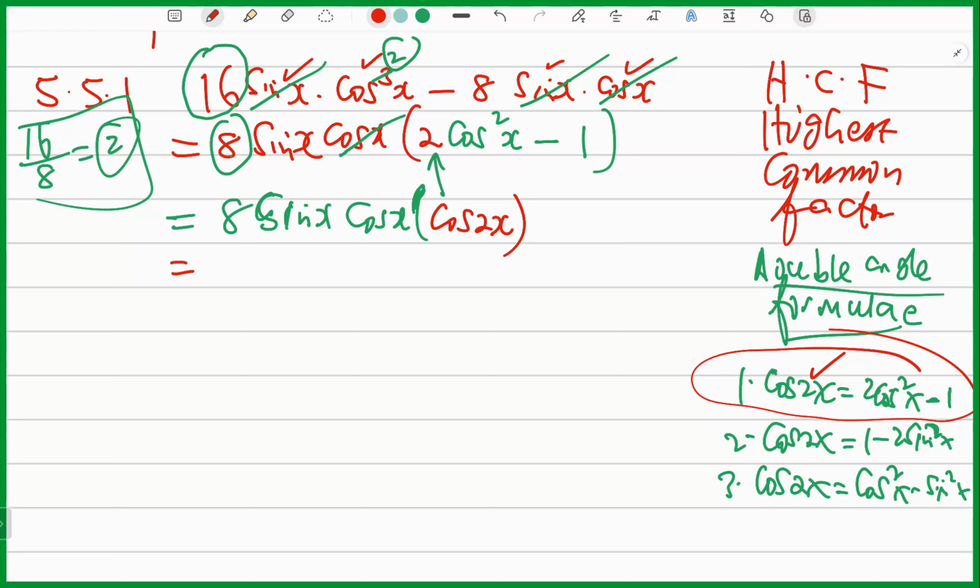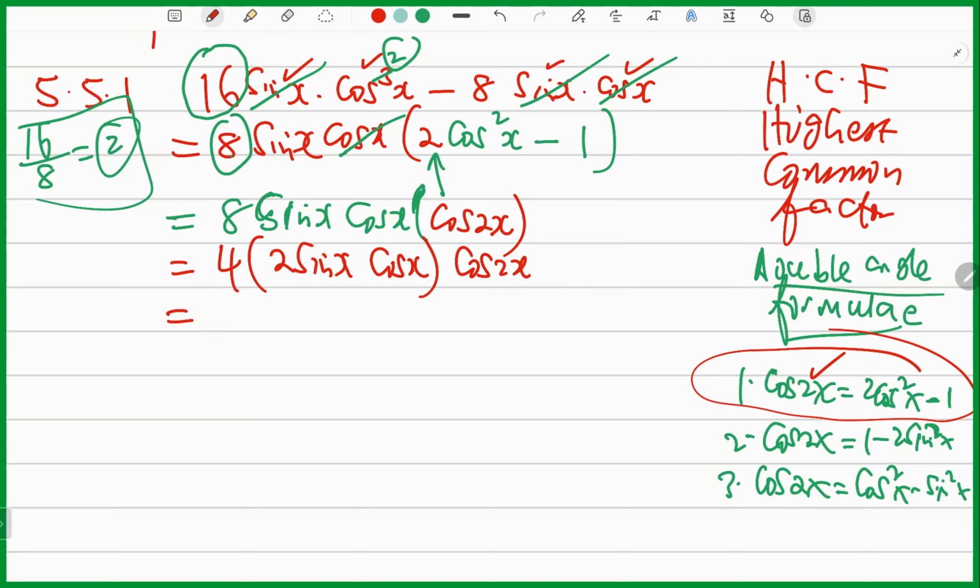It means that here we can have 4 into 2 sine x cosine x, cosine 2x. We have done this because 4 times 2 is 8. That is why we just factorized here.